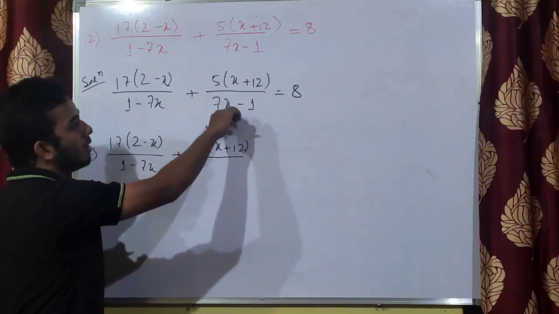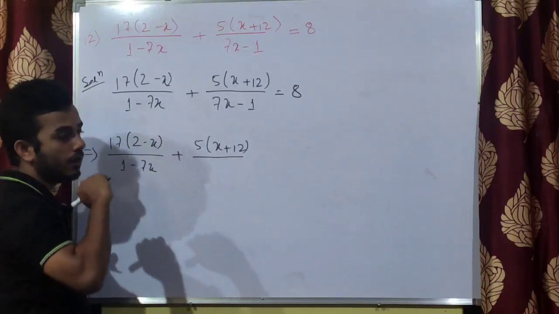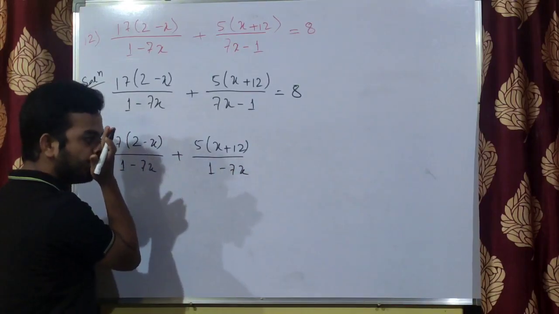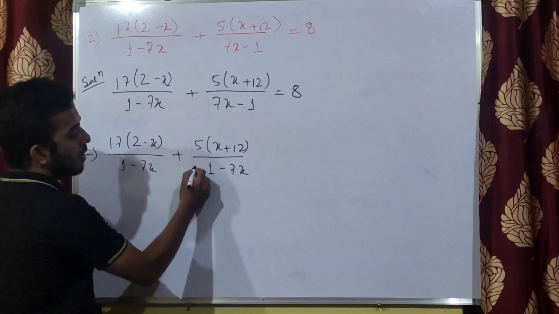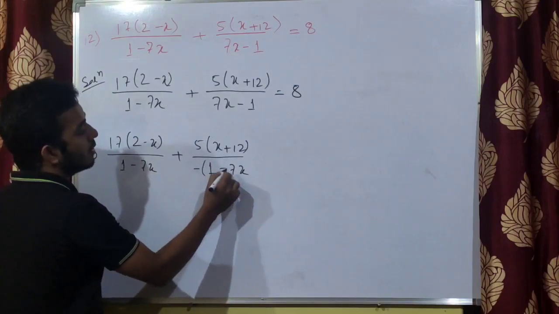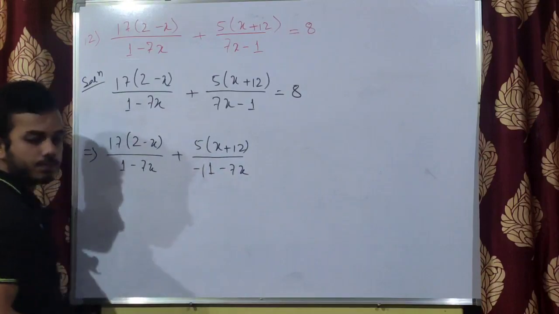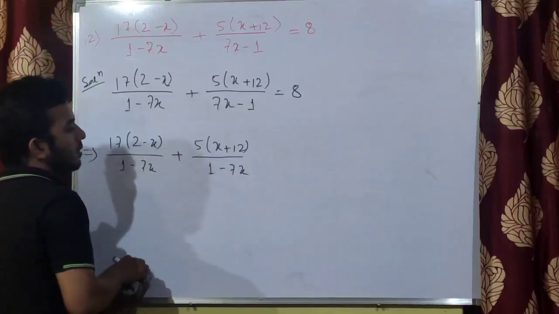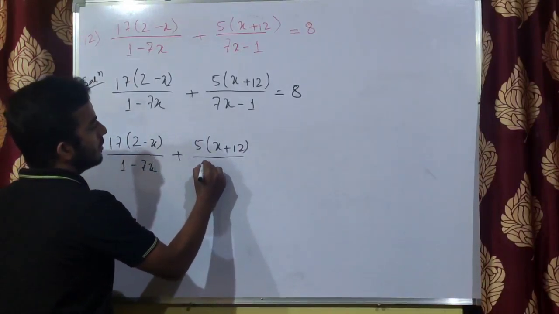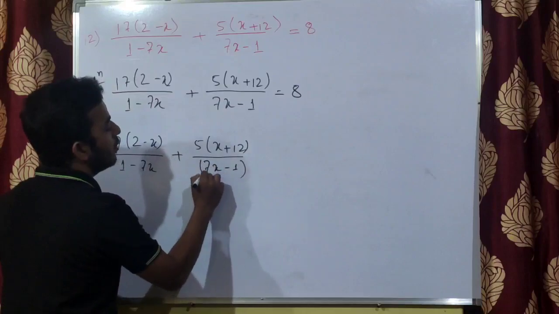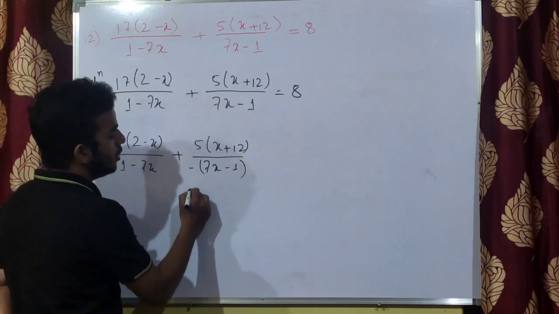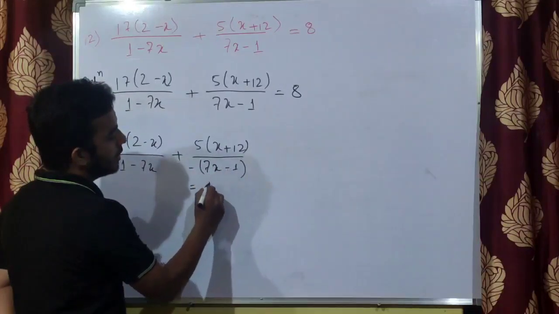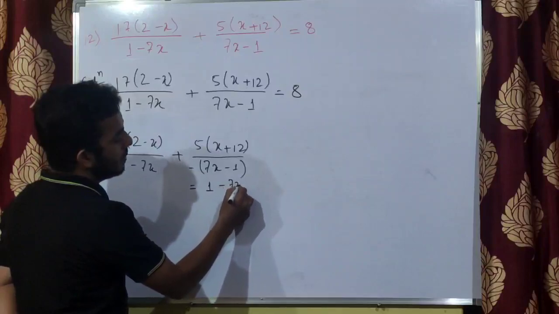If we take minus common, what will it be? The denominator 7x minus 1 becomes minus of (1 minus 7x), right? Now I have taken minus common, so it will be 1 minus 7x.